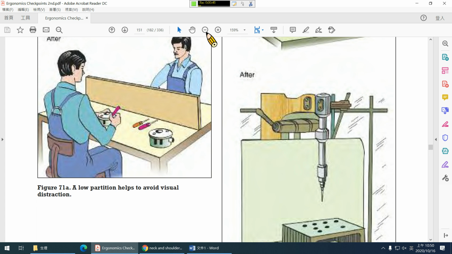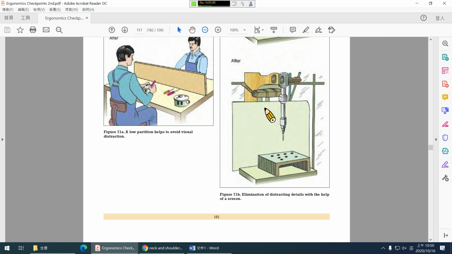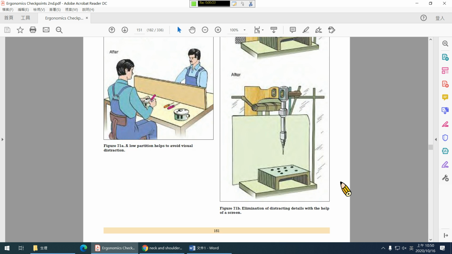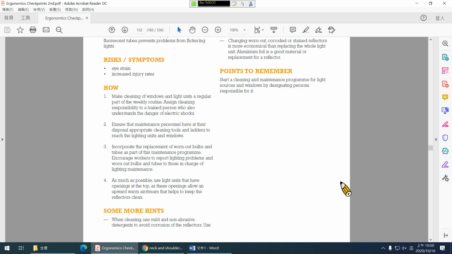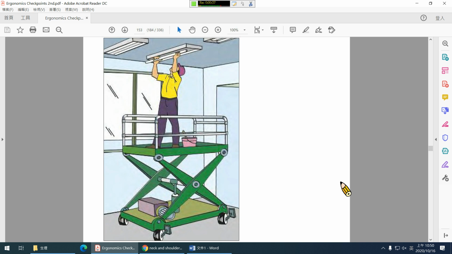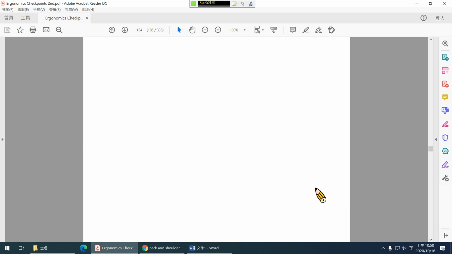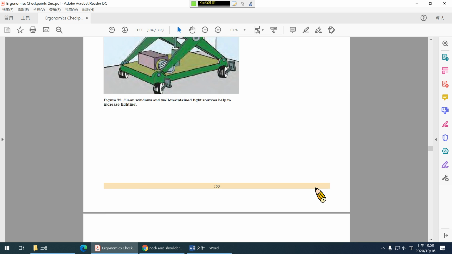As you can see, a lot of good illustrations here. That's sometimes very helpful for the site engineers or site managers to understand what we are saying.